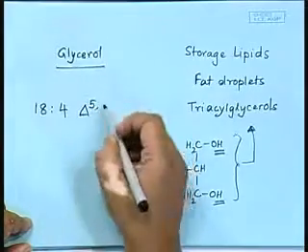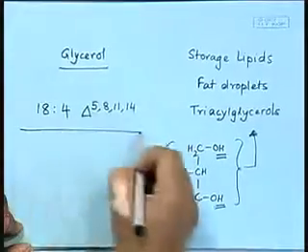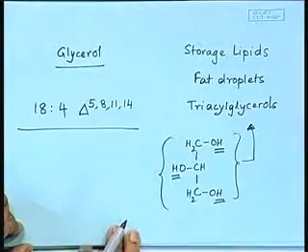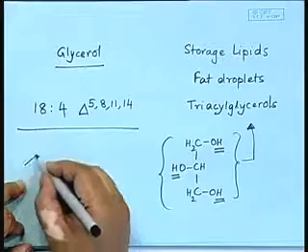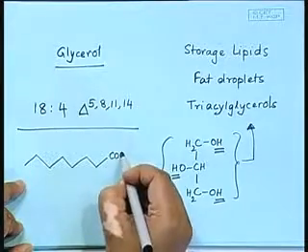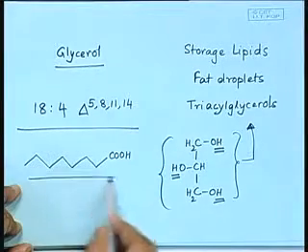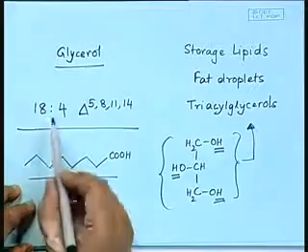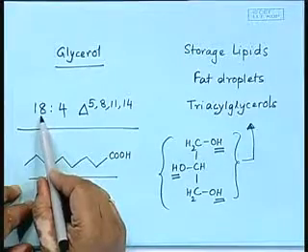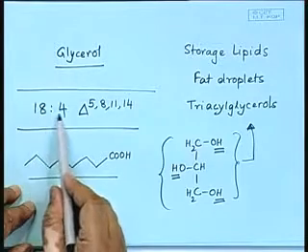delta 5, 8, 11, 14, we know how we can write this. We have normally a long carbon chain where we have the COOH attached in a normal fatty acid. When we have a nomenclature in the delta designation, we have 18:4.